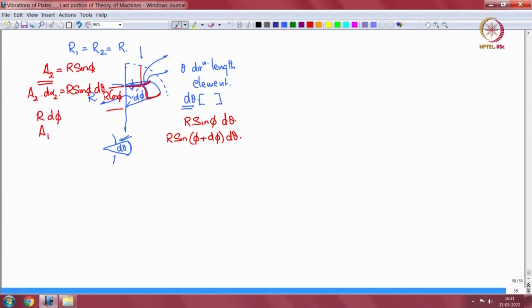Therefore A1 is equal to r, so that A1 d alpha 1 is equal to r d phi. So let us remember, A1 is equal to r, A2 is equal to r sin phi.